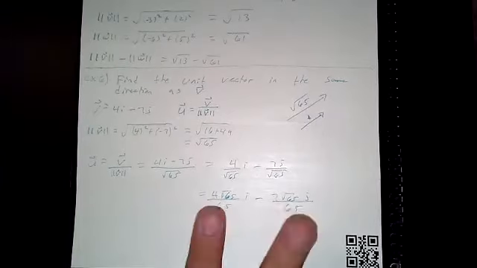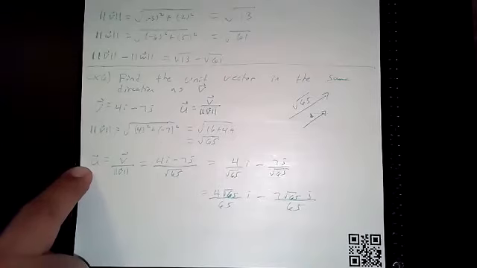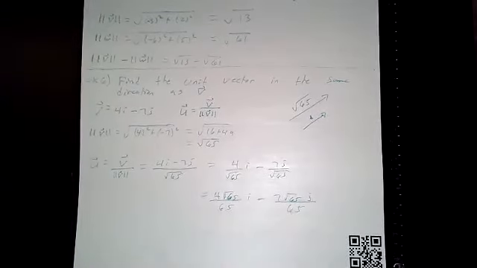So if you were to use the formula again on u, you're going to get 1 because you've already divided out the length. Okay. Let's do a couple more and then we'll move on to something else.